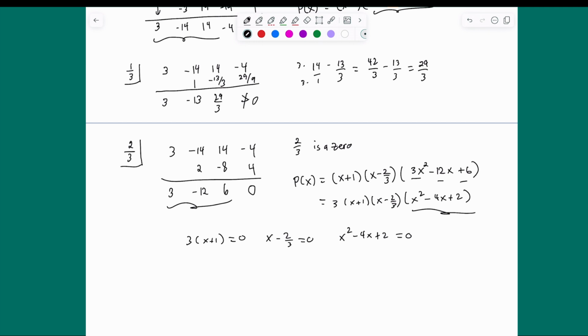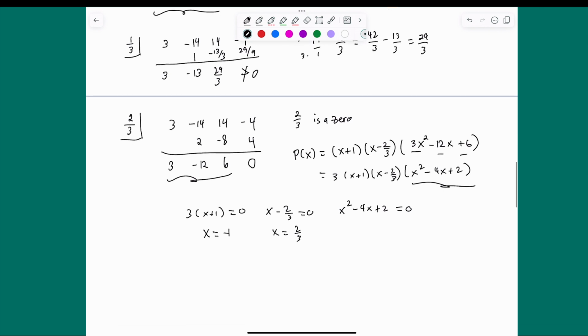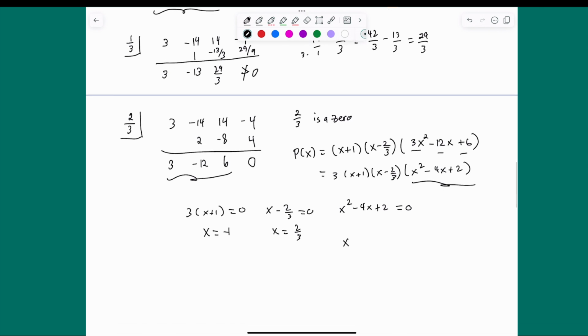Okay, so x squared minus 4x plus 2 doesn't factor over the integers, meaning I can't find integers or whole numbers that will multiply to give me 2 and add up to negative 4. But we know, of course, we could use the quadratic formula. So the first equation tells us x equals negative 1, and then x equals 2/3, the other one, and then now we just use the quadratic formula to find the solutions to x squared minus 4x plus 2.